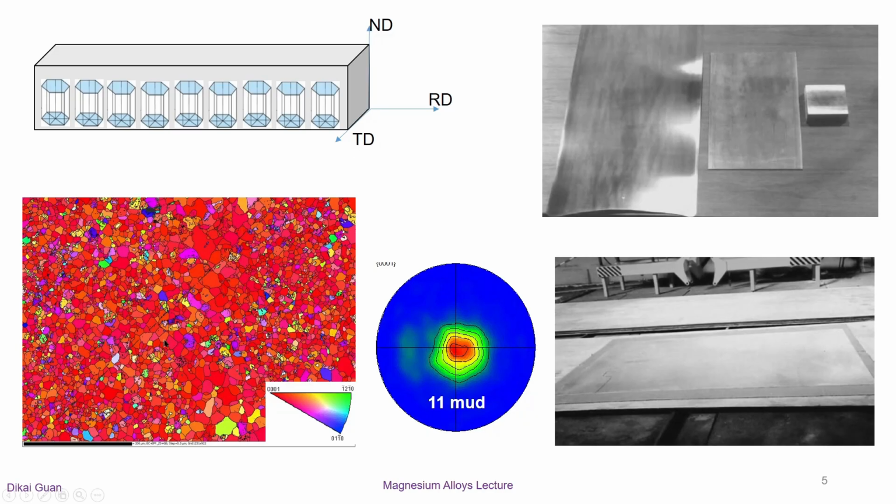The bottom left image is a typical inverse pole figure EBSD map of magnesium AZ31 alloy after hot rolling. We can see most of the grains are color-coded in red. This means most grains have their c-axis parallel to the <0001> direction, which gives the sample a strong basal texture after rolling.